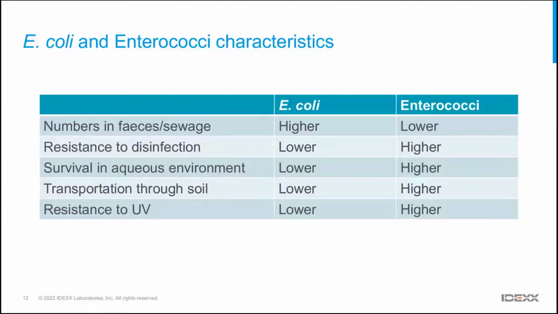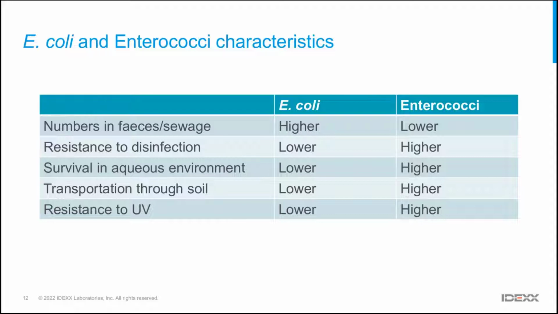So when we look at the 2 indicators that are required now by the directive, E. coli and Enterococci, and look at some of their characteristics, we can see that the numbers of E. coli are in general higher than numbers of enterococci in feces and sewage, usually in the order of 2 to 3 orders of magnitude.